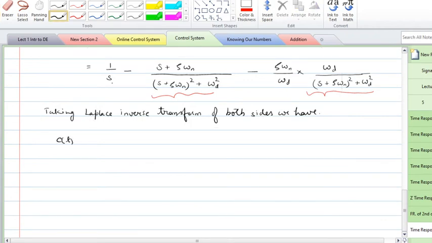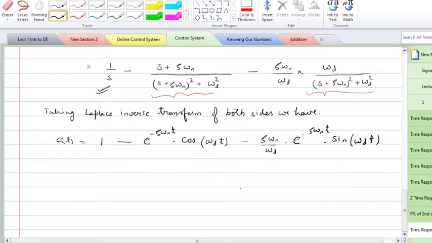We have C of t. For this function we get 1, because there is a plus factor with s, so we have to multiply e raised to power minus zeta omega n t, cos of omega d t, minus zeta omega n by omega d multiply e raised to power minus zeta omega n t multiply sine of omega d t.